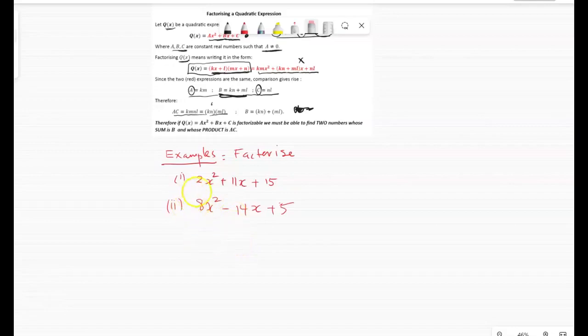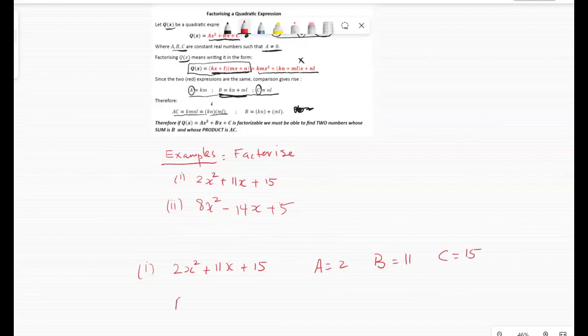Okay, I will now show you how to factorize the following quadratic expressions. If I look at the first expression, which is 2x squared plus 11x plus 15, in this expression A is 2, B is 11, and C is 15.